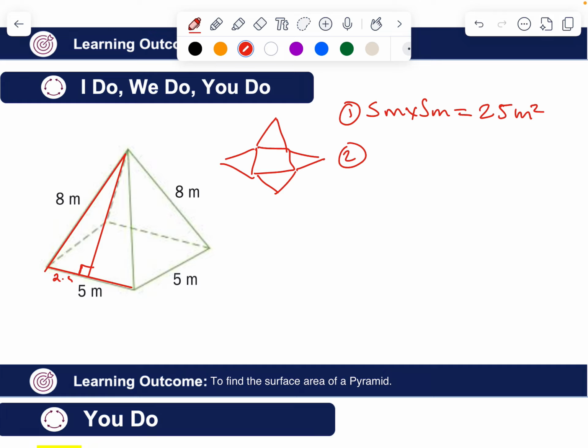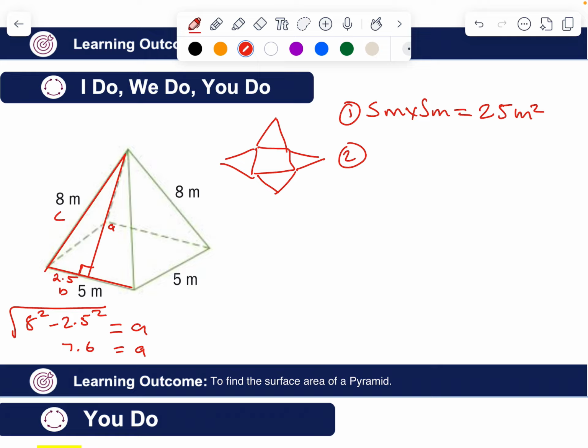So the bottom is half of 5, which is 2.5. 8 is going to be the longest side, and then I can work out what A is. So this is C, this is B. So 8 squared minus 2.5 squared, I've got to square root it, and that will get me the slanted height. If I put that quickly into my calculator, I get A is 7.6.